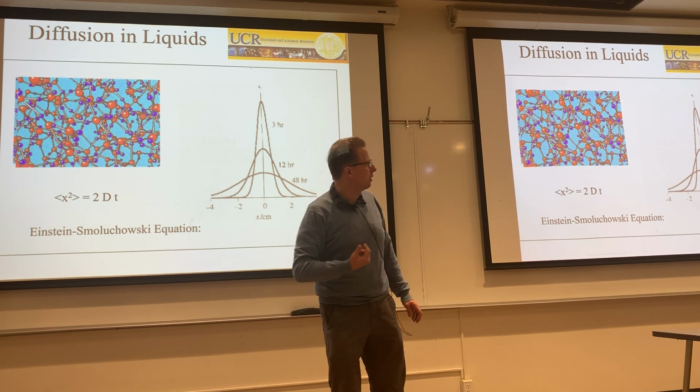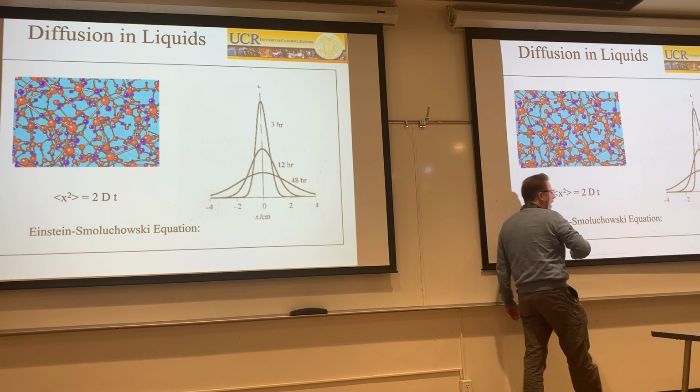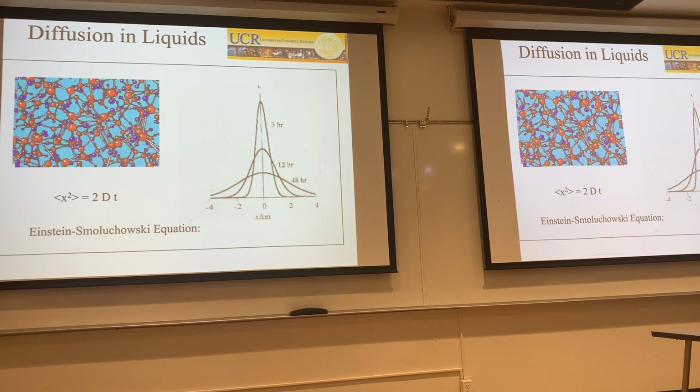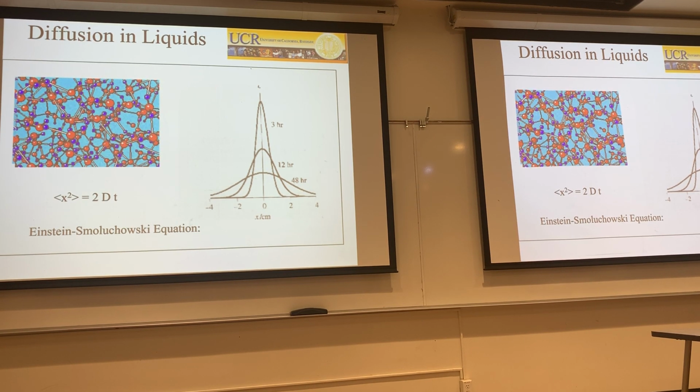And so it's a reasonable question to ask, what is here the average of the square of the displacement of a molecule as a function of time? How far will they get on average?